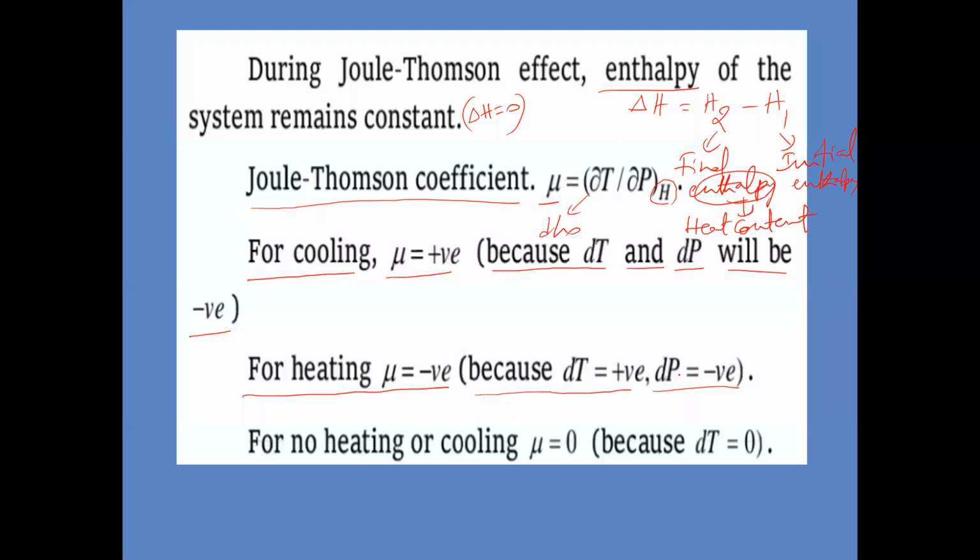For the heating effect of gases, the Joule-Thomson coefficient mu is negative, because the change in temperature is positive. dT means the change in temperature, which is the final temperature minus the initial temperature.